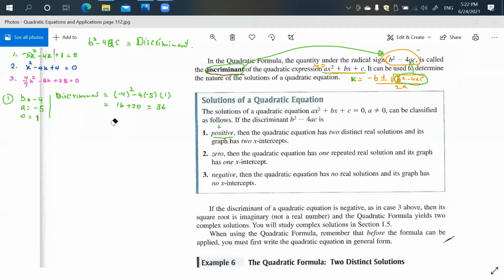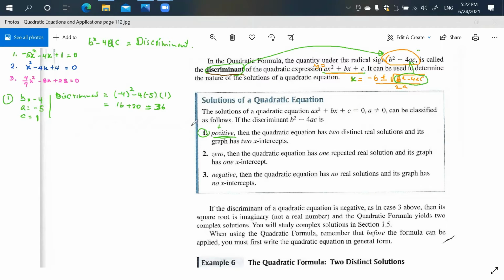Now you observe we got 36, a plus sign, correct? That means this is a positive sign, exactly the same as number one, because we found the discriminant equal to 36, which is positive.